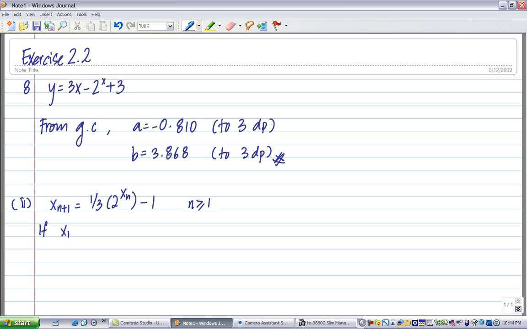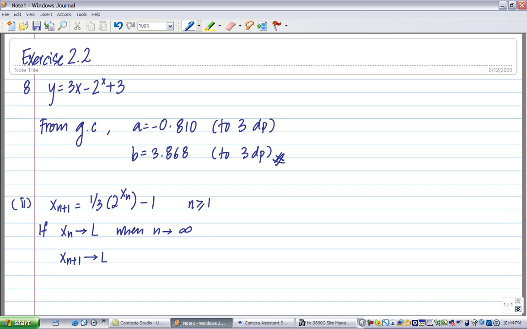If x_n converges to L when n tends to infinity, what can we say about x_(n+1)? Does it converge or not? And what is the limit? It converges to L as well when n approaches infinity.